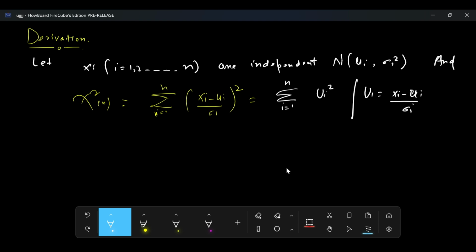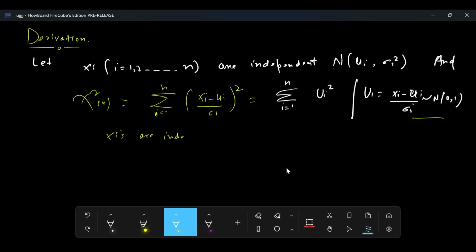This is my ui. क्लियर? और ये किसको फॉलो करेगा? ये फॉलो करेगा नॉर्मल 0, 1 को. अगर xi's are independent, can I say so as ui's are independent? क्योंकि ui तो फंक्शन है ना xi's का. ui is a function of xi. If xi is independent, ui is independent. Clear?